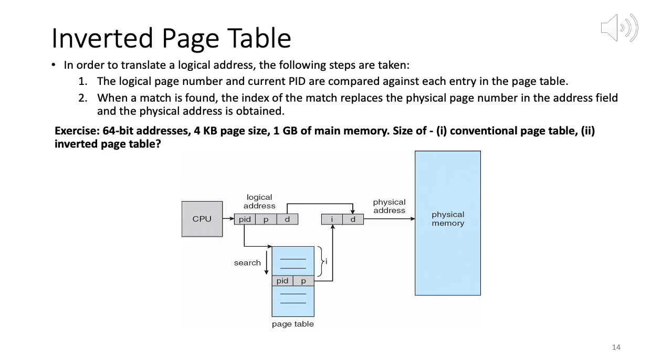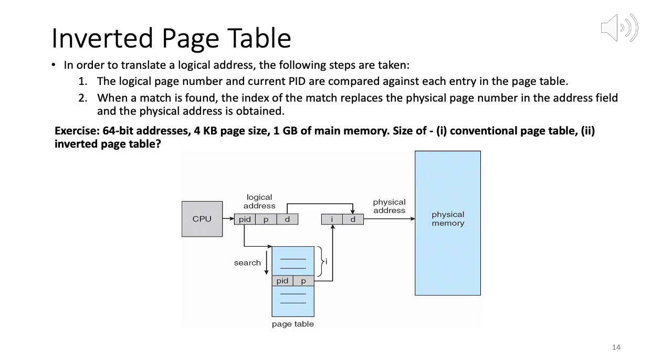We can see the logical address now has three components: PID, P and D. So what are the steps we take for address translation? The logical page number and current PID are compared against each entry in the page table.